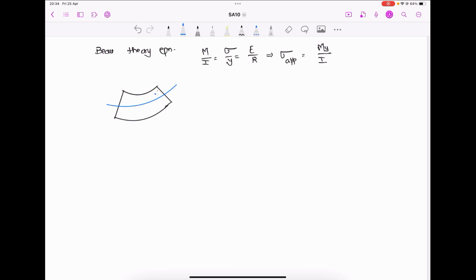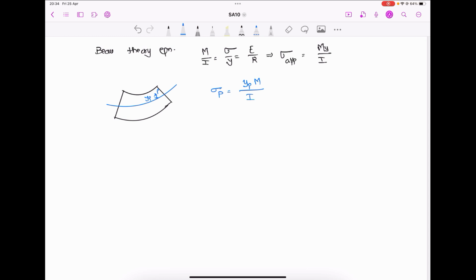And I want to know at a point P what is sigma P. Sigma P is equal to, this is the distance from the neutral axis, YP. That means YP at a point into M divided by I.